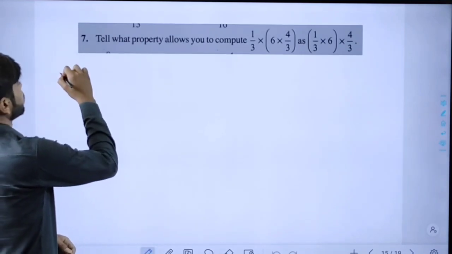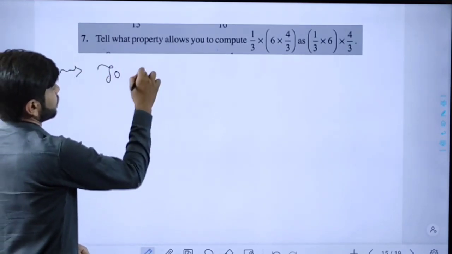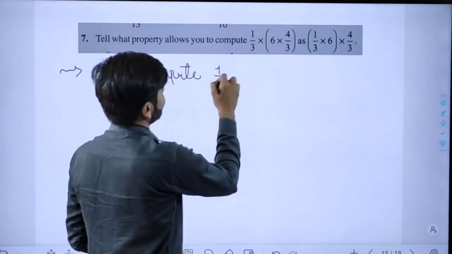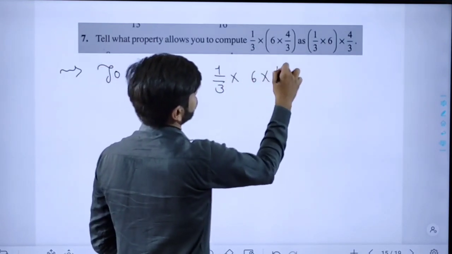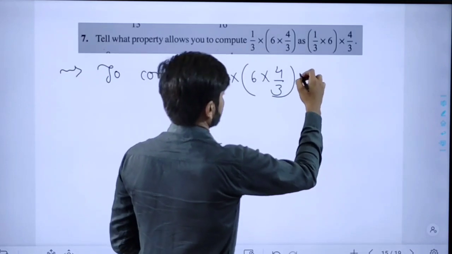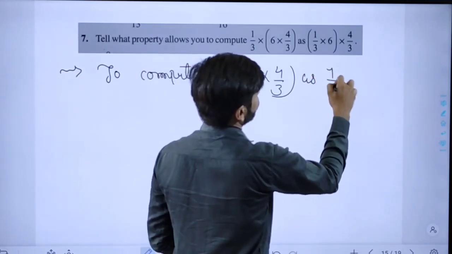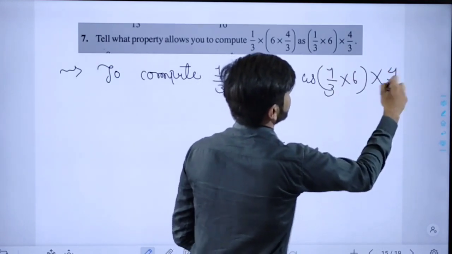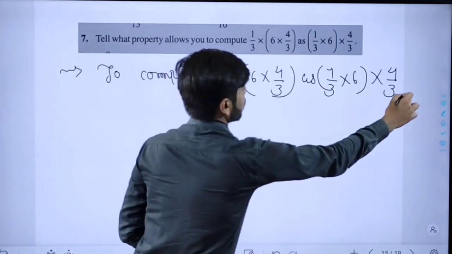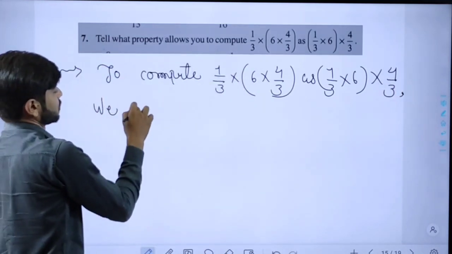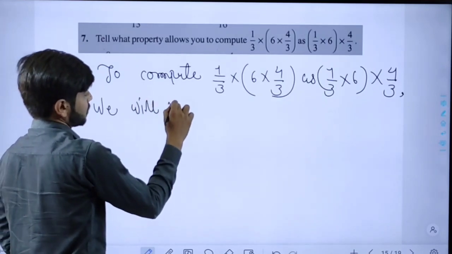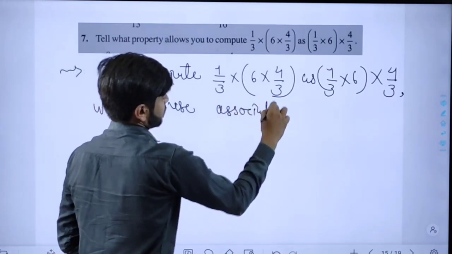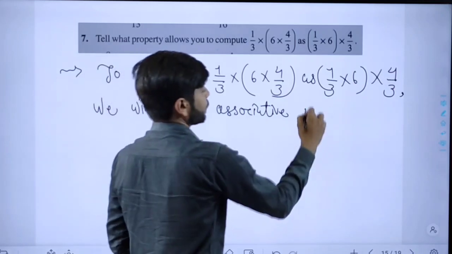So to compute 1 upon 3 multiplied with 6 multiplied with 4 upon 3 as 1 upon 3 multiplied with 6 multiplied with 4 upon 3, we will use associative property.